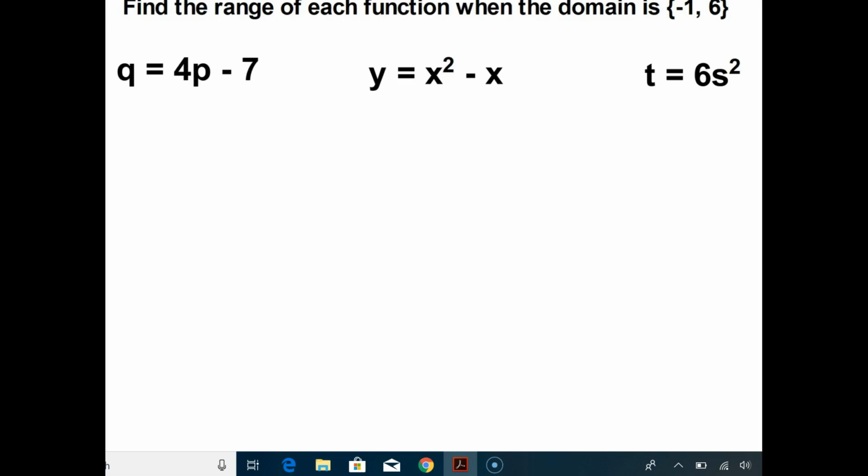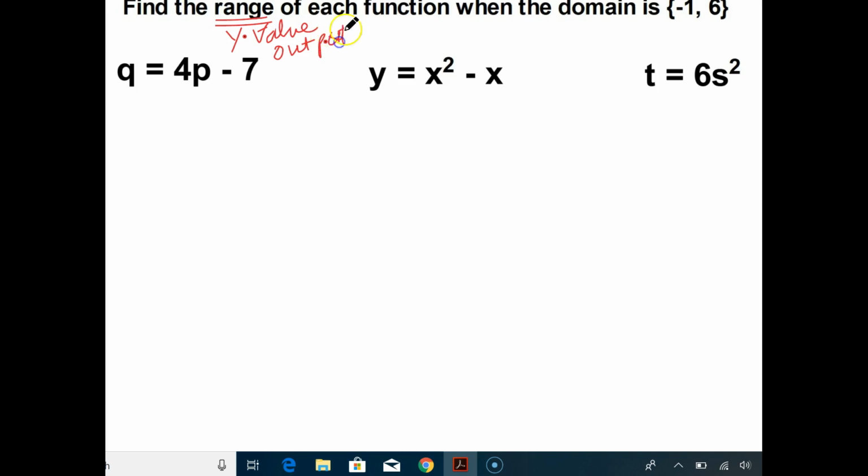So here we go. This problem says find the range of each function when the domain is -1 and 6. Find the range. All right, so the range is represented by our y value, and it's also called our output.